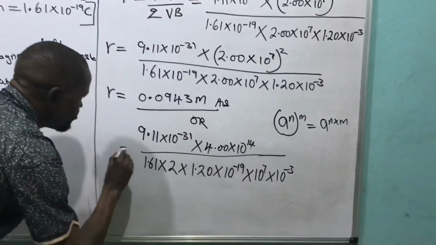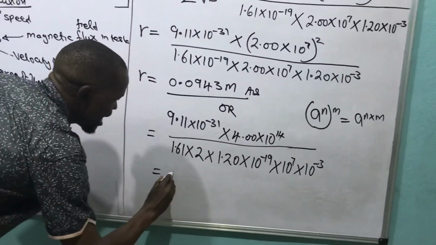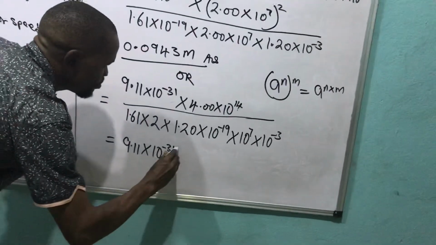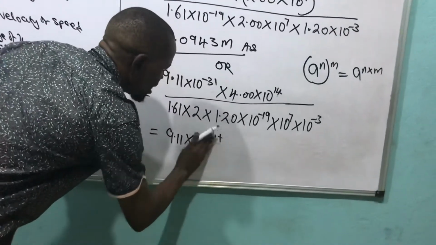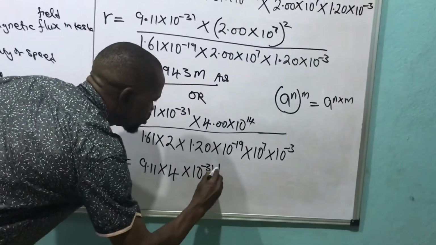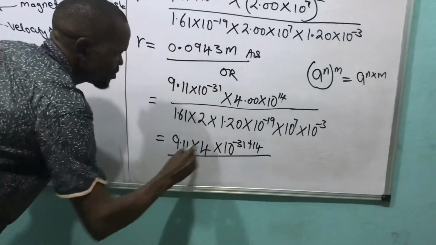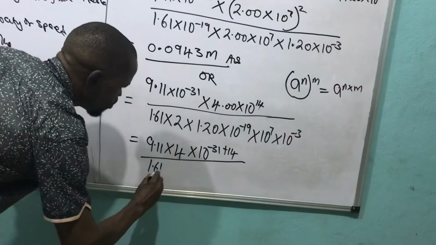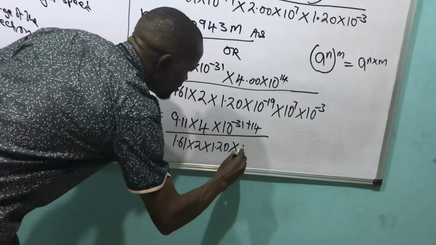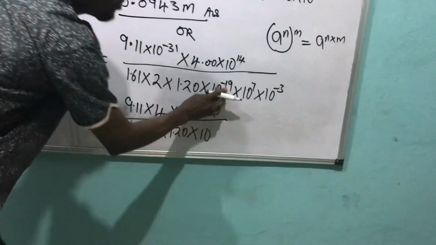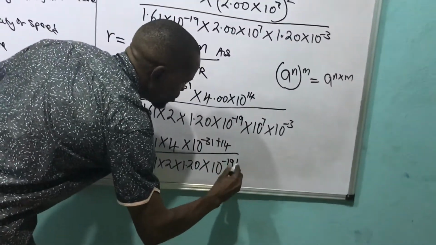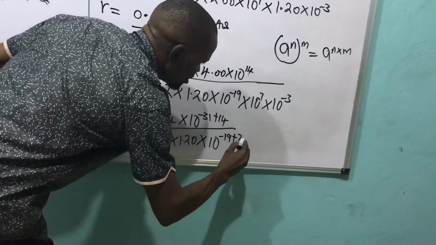That can give me 9.11 times 4, then times 10 raised to power minus 31 plus 14, all over 1.61 times 2 times 1.20 times 10 raised to power minus 19 plus 7 minus 3.